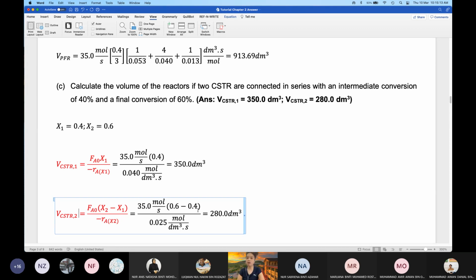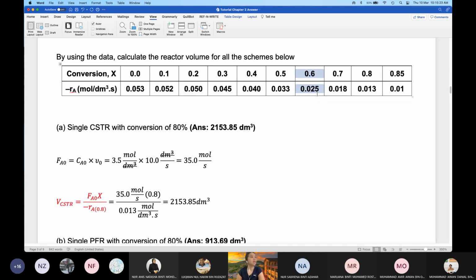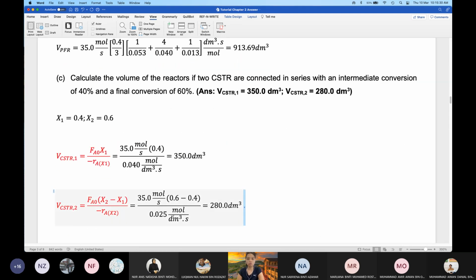So divide by minus RA when my X 0.6 at my X2 0.6. So tengok table balik. At 0.6 minus RA 0.025. So kamu replace je minus RA with 0.025. You divide, you calculate, you will get the volume as 280 dm cube.